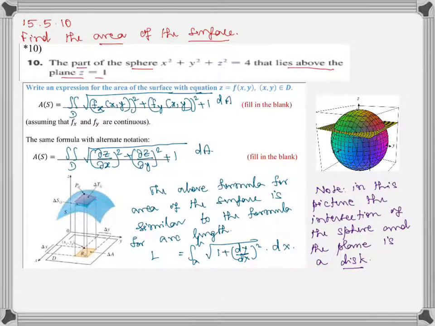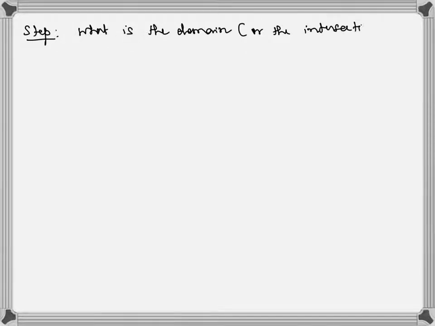So let's apply the formula now. Step 1 is to find the intersection algebraically. We know that it's a disk. We'll find the equation of the domain. So substitute z equals 1 into the sphere x squared plus y squared plus z squared equals 4.